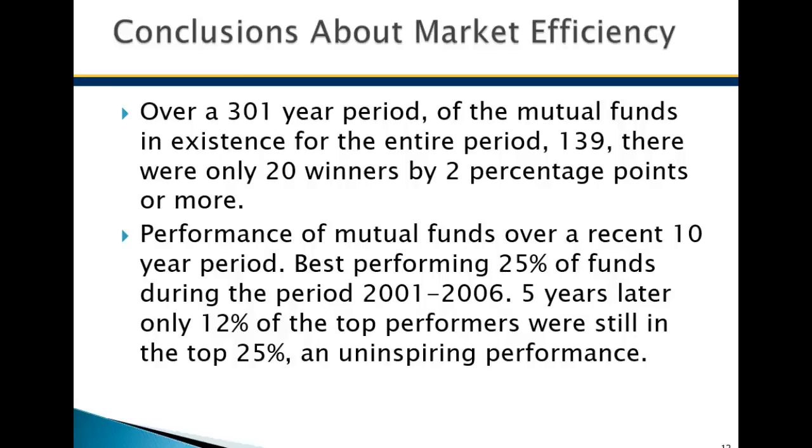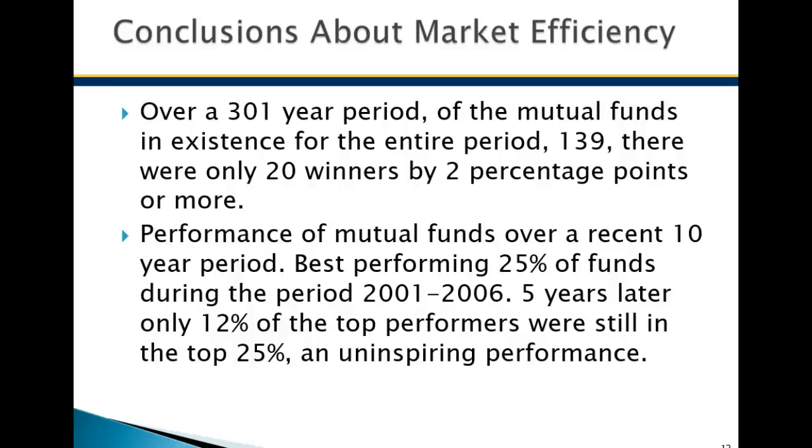The last one is similar to a point made on the previous slide, regarding the performance of mutual funds over a recent 10-year period. You take the 25% of the best performing funds for that period, then 5 years later, you'll find that of that 25%, only 12% of those top performers were still in the top 25%.